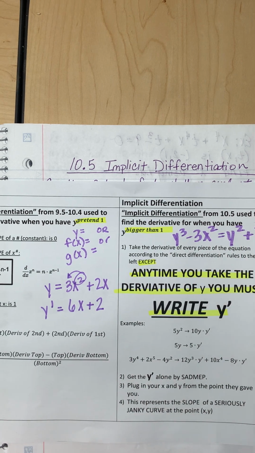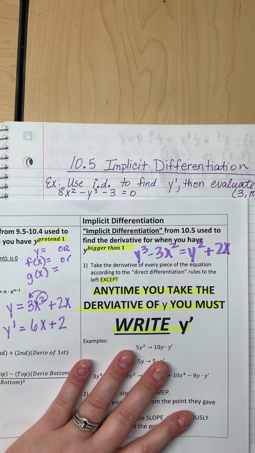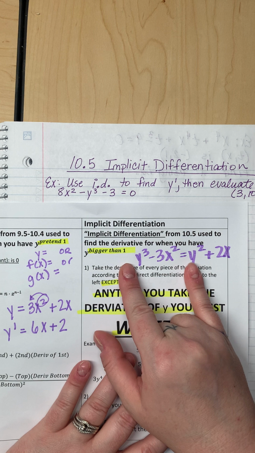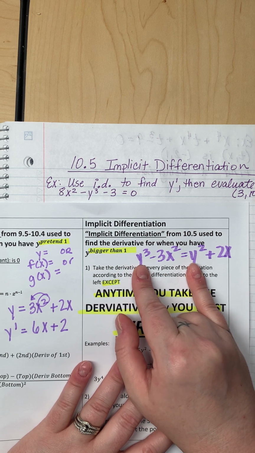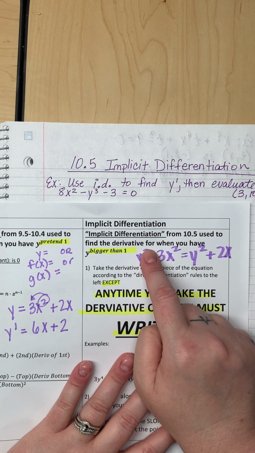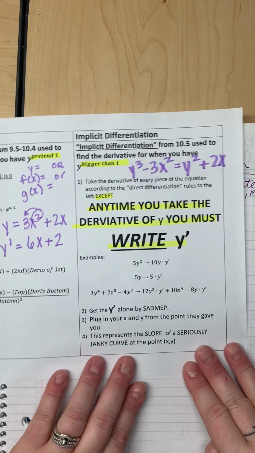We're going to have more than one y in the problem, and its exponent is not going to be a pretty one. Every time I take the derivative of the letter y, I do it the same way I normally do. I bring down the 3 in front, subtract 1 from the exponent, but then I tack on a y prime. Let me show you.